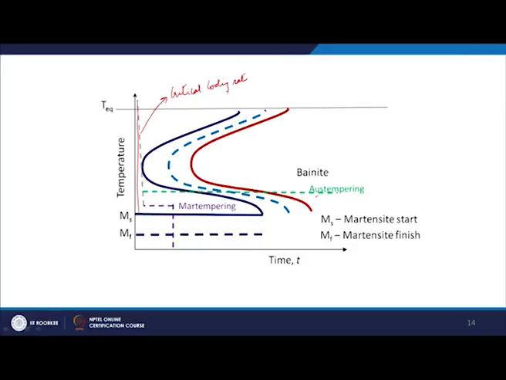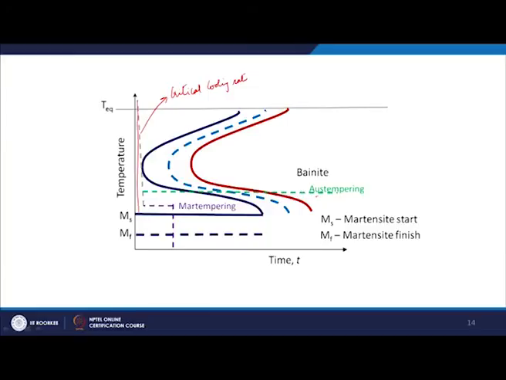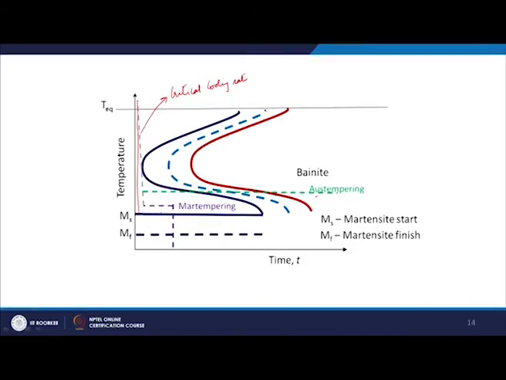So when you have a certain TTT diagram and I say the cooling rate should be more than the critical cooling rate, that means it is more than a cooling rate which is just skipping the nose, just to be safe that there is no diffusional transformation during the cooling. Marr tempering is a very smart process. You can see that I am holding it to avoid the thermal stresses.